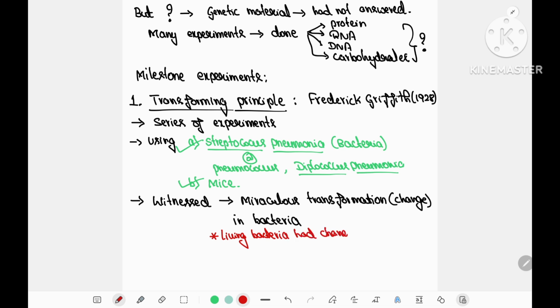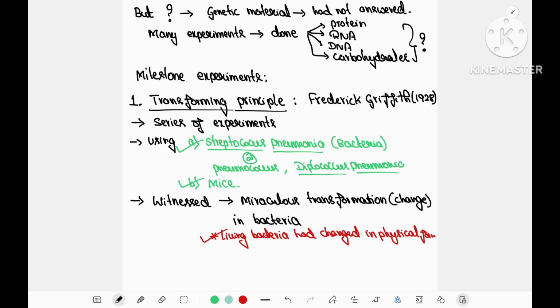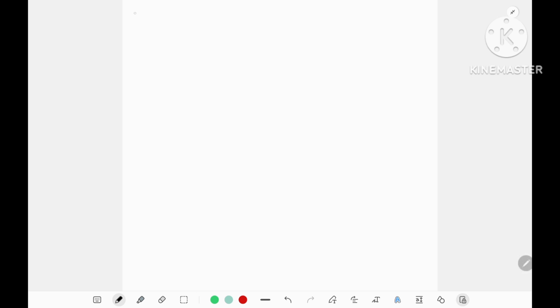You can imagine if you had one head while sleeping, but when you woke up in the morning you had two heads, that would be a miraculous transformation. Such a miraculous transformation was seen in bacteria also. That change we will discuss later. Once we understand the morphology of the bacteria, we will understand the miraculous change seen in Griffith's experiment.